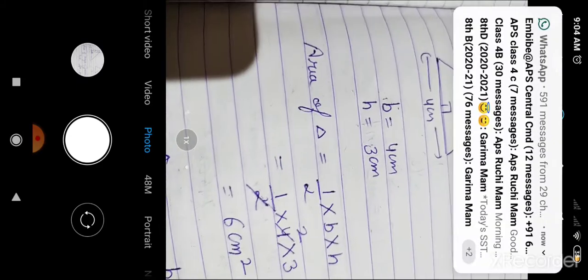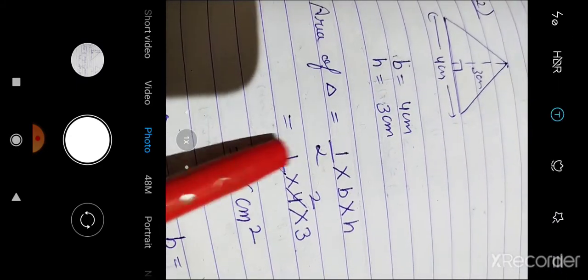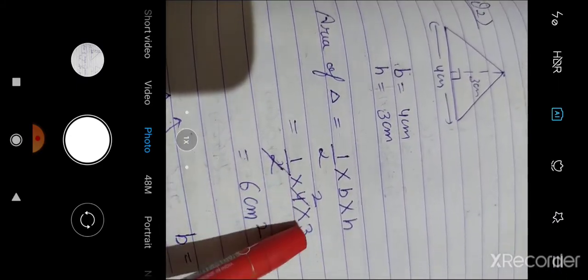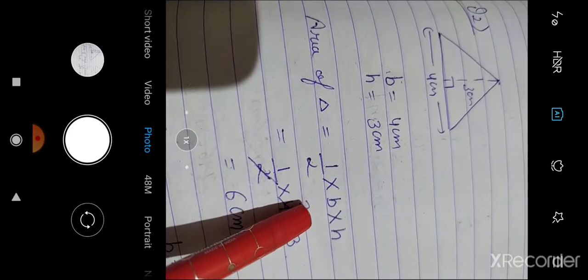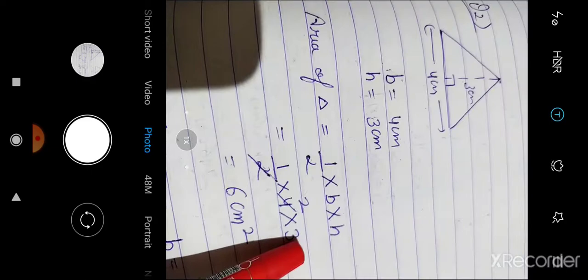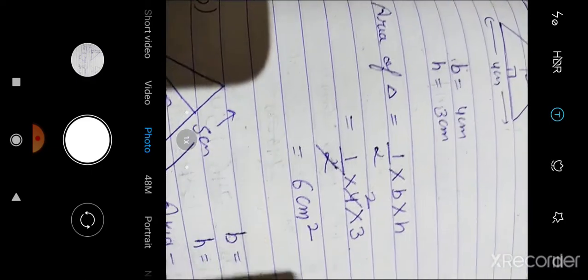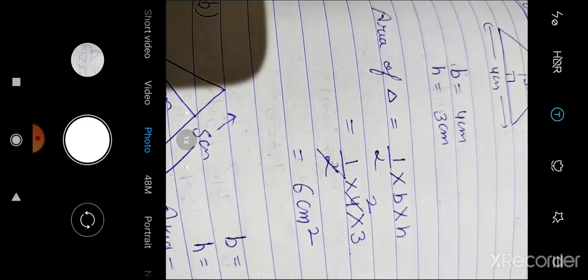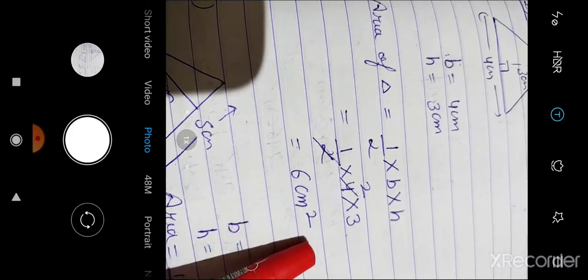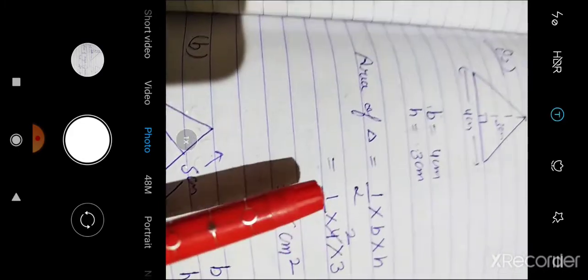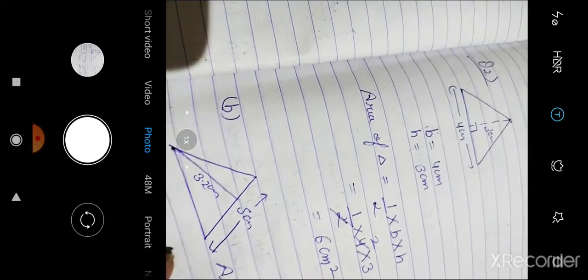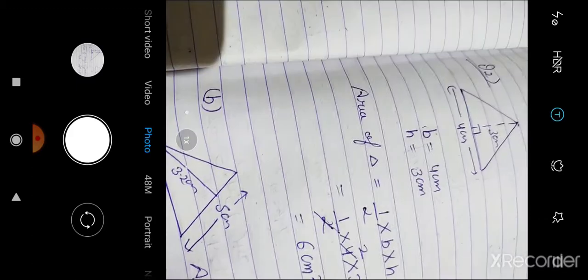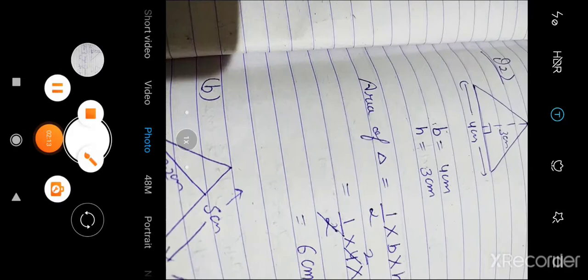After substituting all the values we have 1 upon 2 multiplied by 4 multiplied by 3. We write 4 in place of base and 3 in place of height. After calculating, we have 6 centimeter square, and it is the area of the triangle. In this way you can solve its remaining part. Now moving to the next question.